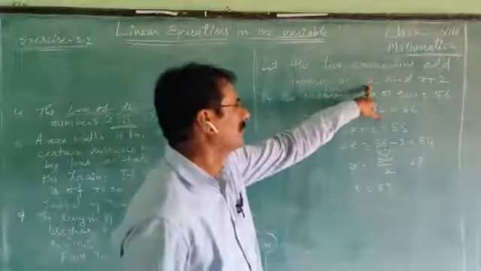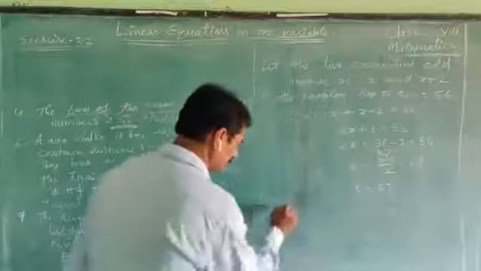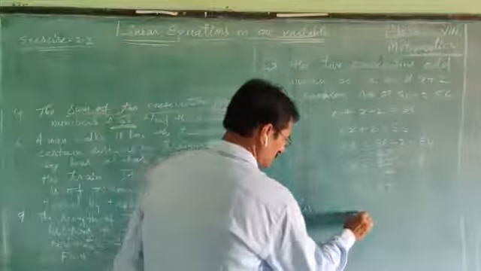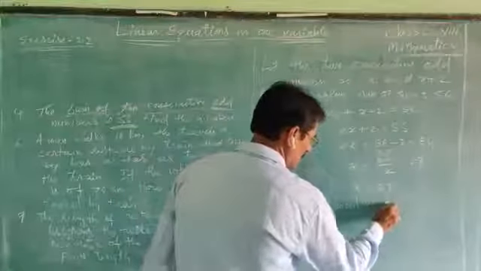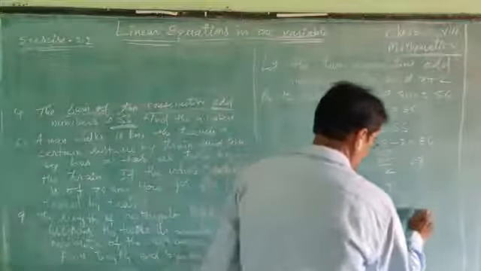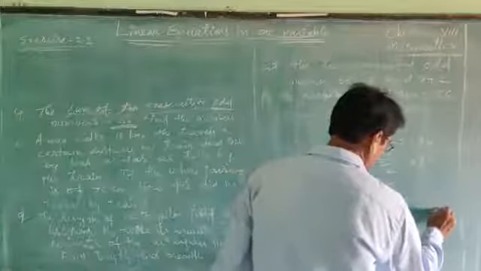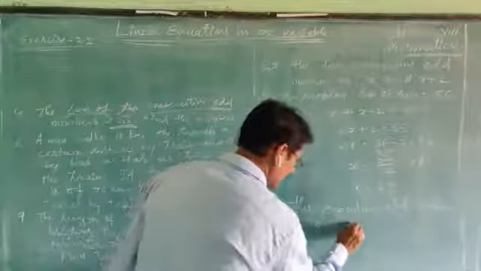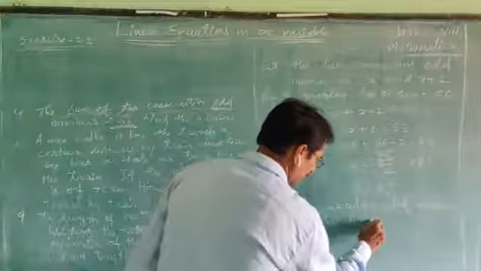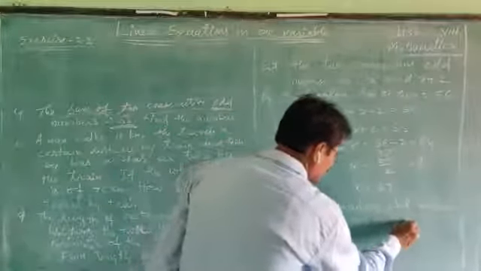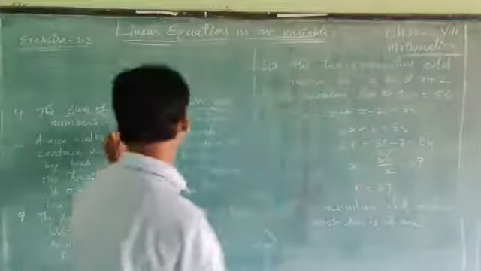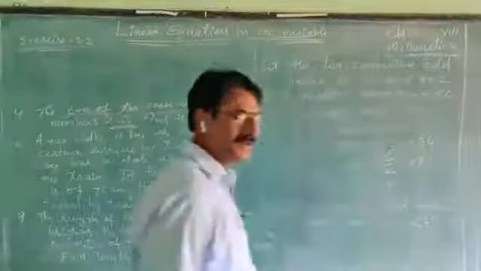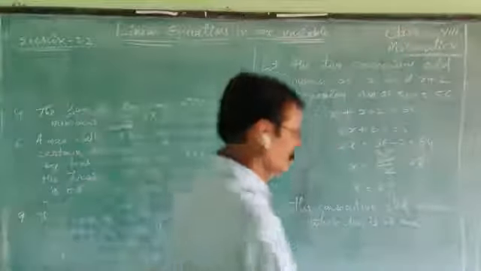What is x? This one. Therefore, the consecutive numbers whose sum is 56 are 27 and next, 27 plus 2, 29.